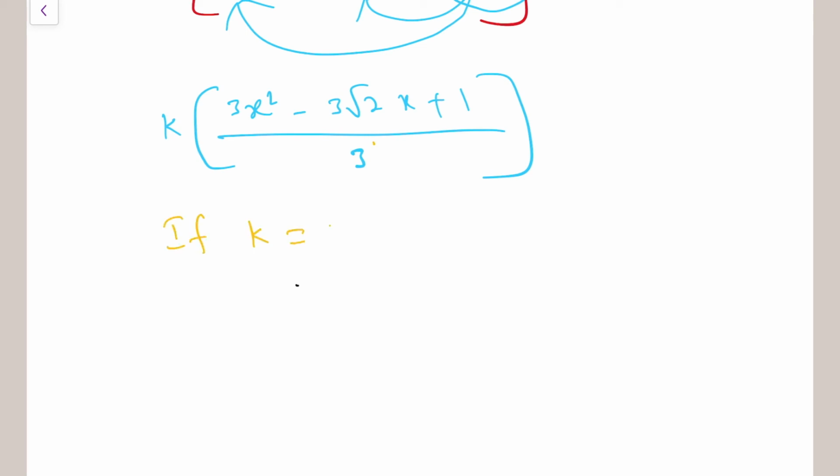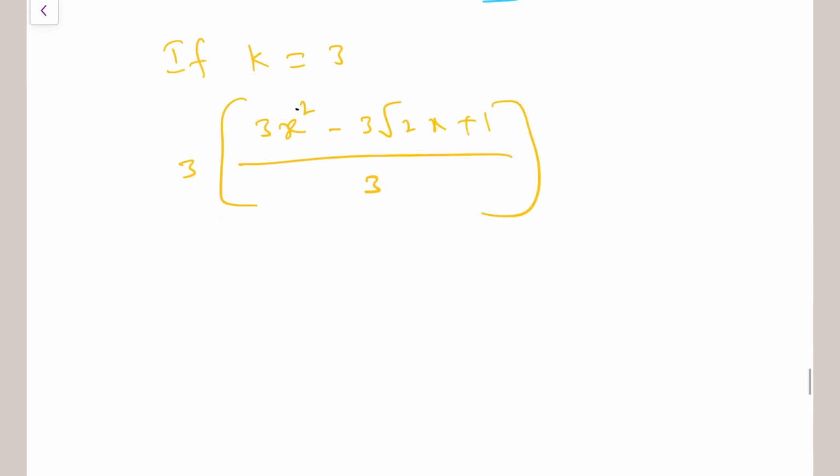If k equals 3, what we will get then? 3 times 3x square minus 3 root 2x plus 1 divided by 3. Here 3 will get cancelled. Then finally we remain with 3x square minus 3 root 2x plus 1. This is the required quadratic polynomial.